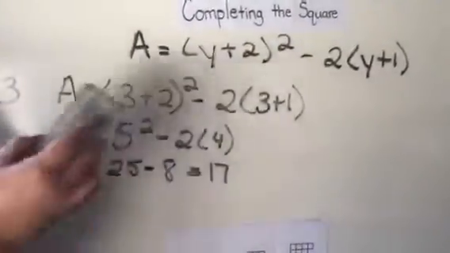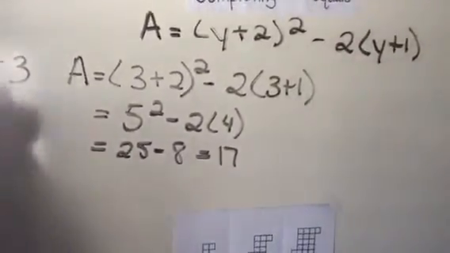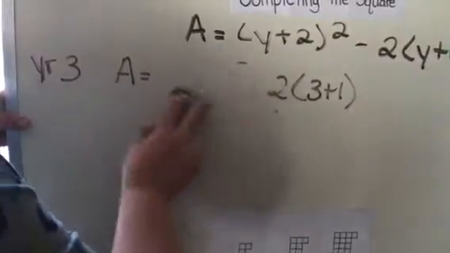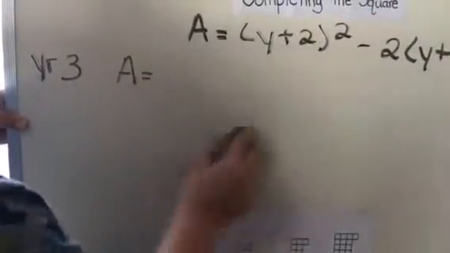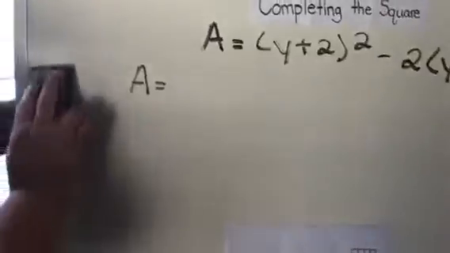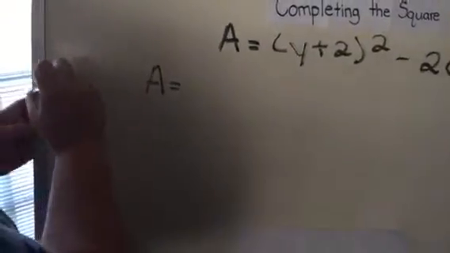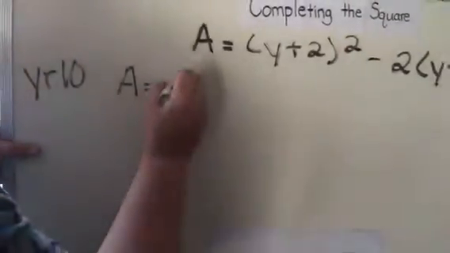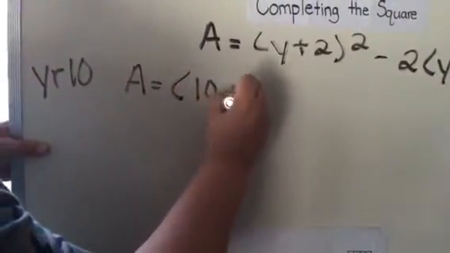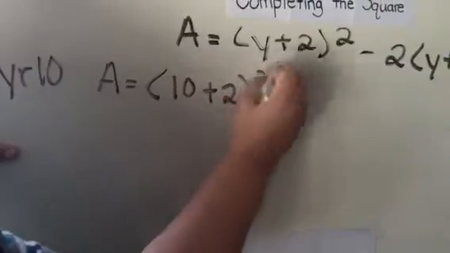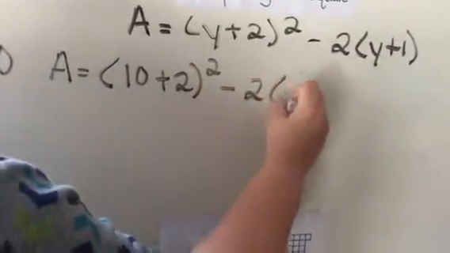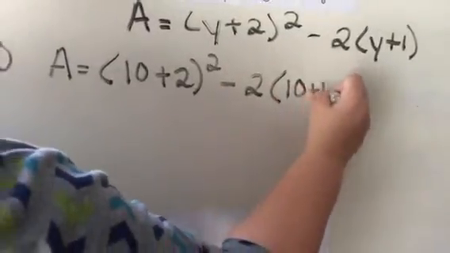Now that we're confident that our equation is correct, let's plug in the 10 from the original question to find our answer. Farmer Smith wanted to know how big his garden would be at year 10. Area equals 10 plus 2 squared minus 2 times 10 plus 1.